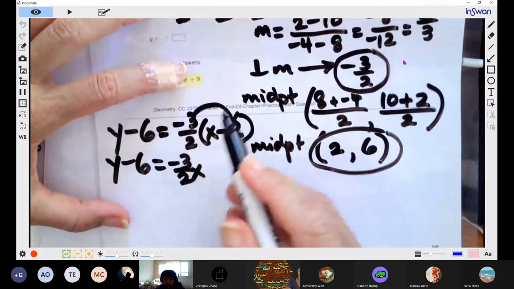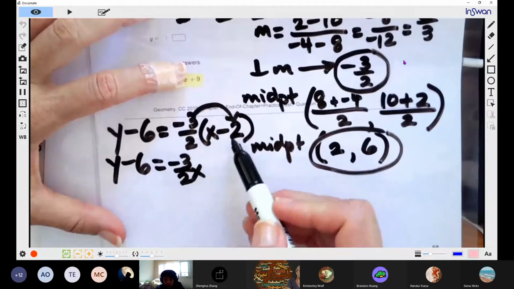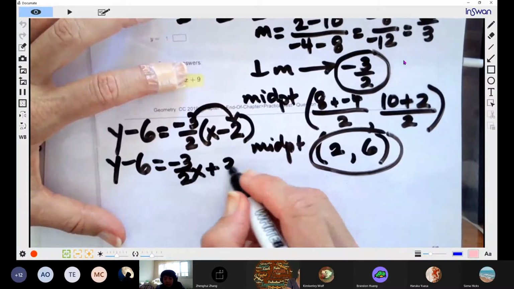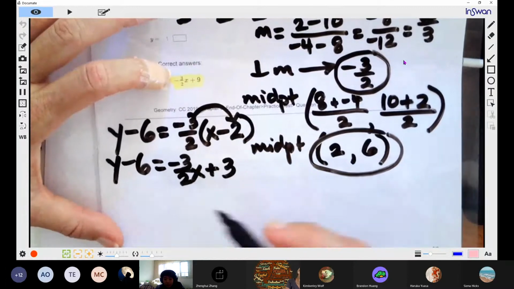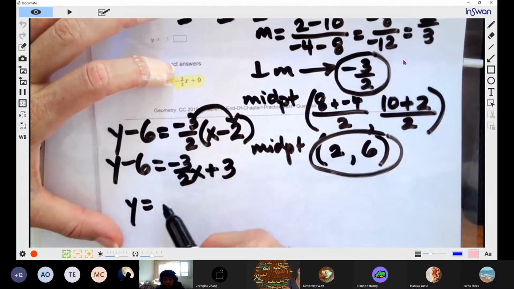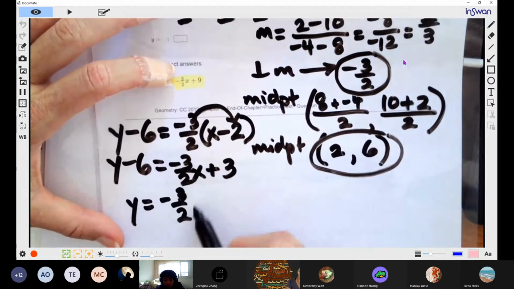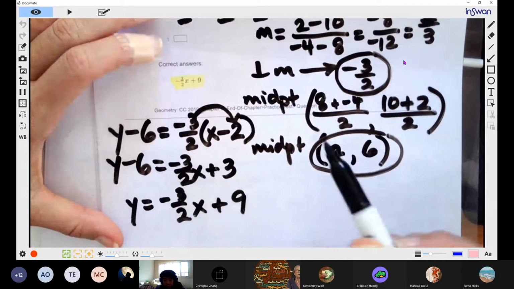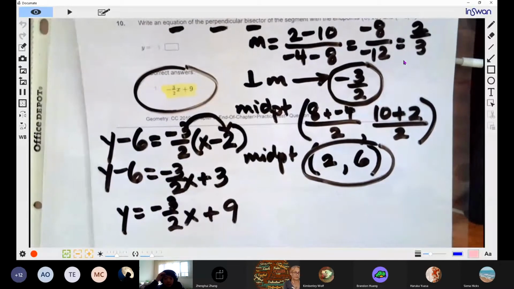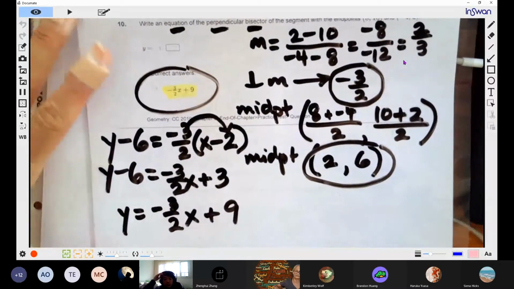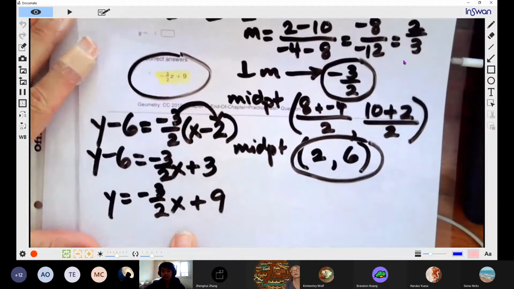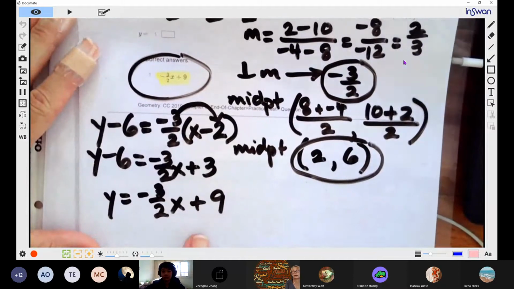And then negative 3 over 2 times negative 2 is going to give me plus 3. I add 6 to both sides to get rid of that. And there, I've got my correct answer. So again, 3 steps, plenty of places to make just the tiniest error, but you can all be careful and write out your work and get that too.